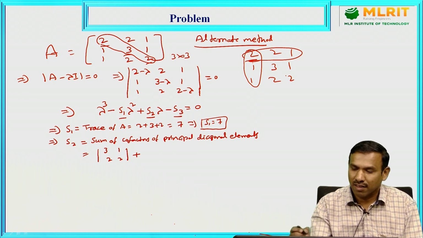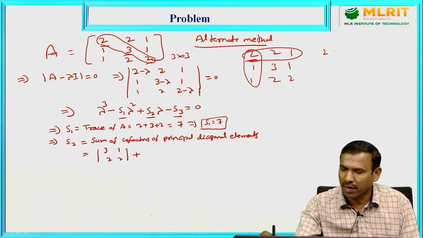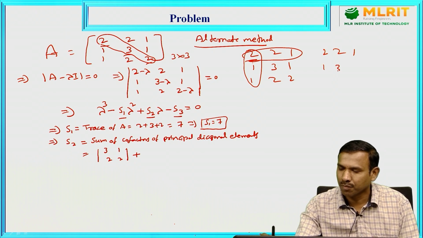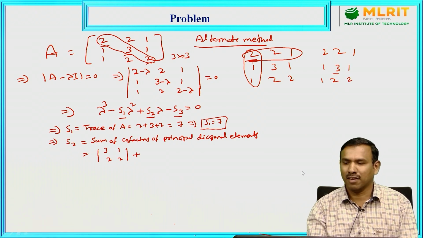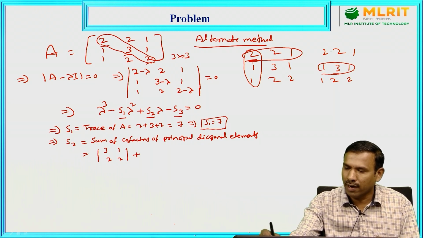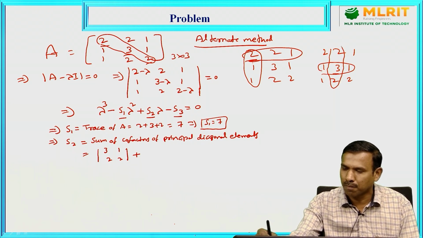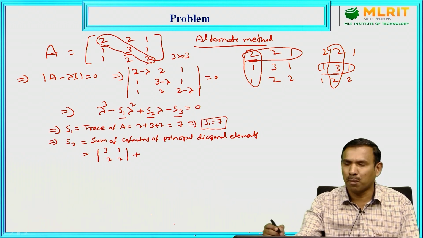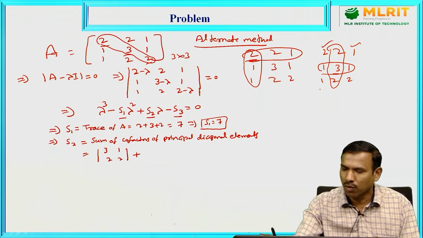Next, the second one; I am writing this again to make you understand. This is the matrix. The second principal diagonal element is 3. Here this 3 contains this row and this column. Now what are the leftover elements? 4 elements are left over: 2, 1, 1, 2.